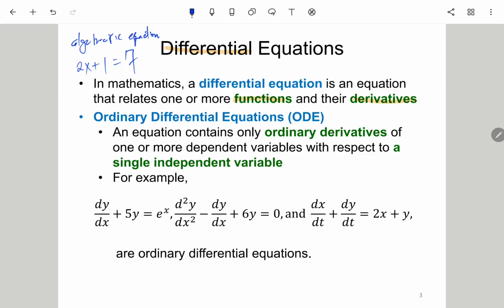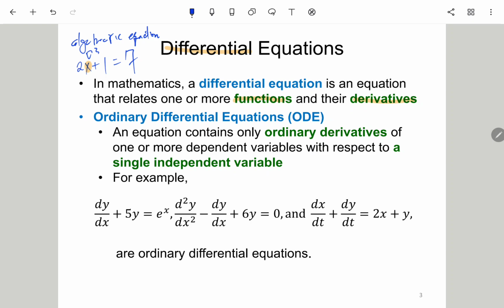So that's an algebraic equation. So what is the difference between an algebraic equation and a differential equation? For the algebraic equation, the unknown is just a value. It's just a variable, only a single value. So this is 3. For another algebraic equation, it can be 4.